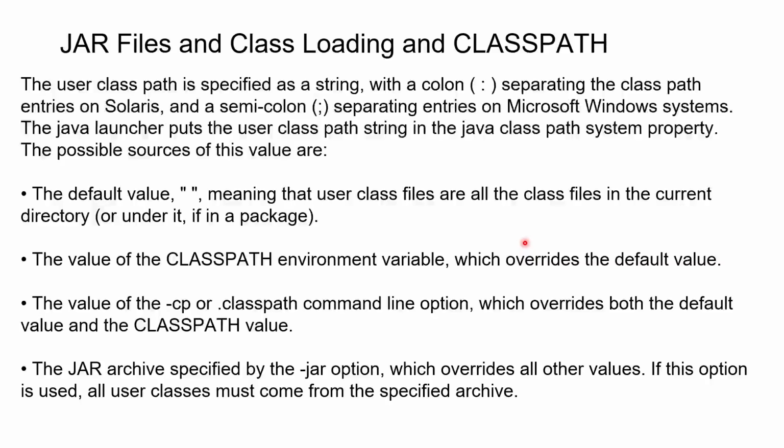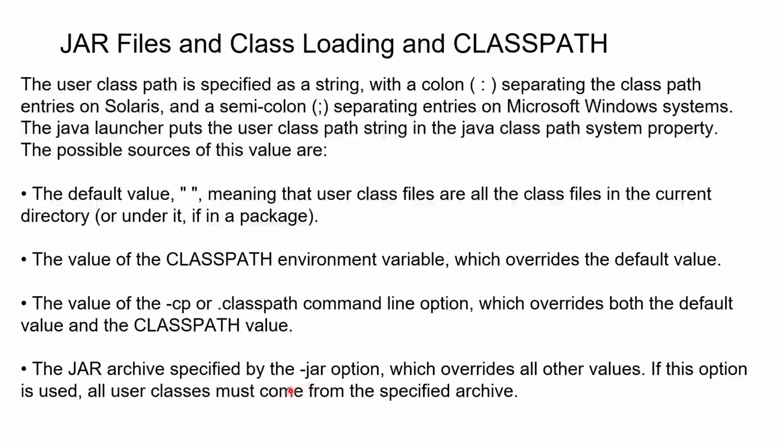So be aware, if you have a class path environmental variable, you can pass your own class path on the fly, on the command line. When you're running from the command line, the -cp or -classpath command line option overrides both the default value and the class path environmental variable value.